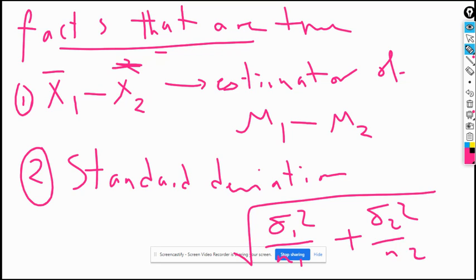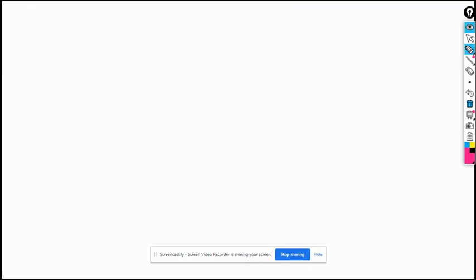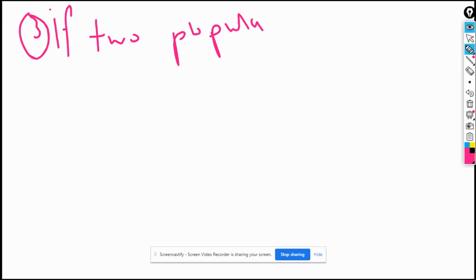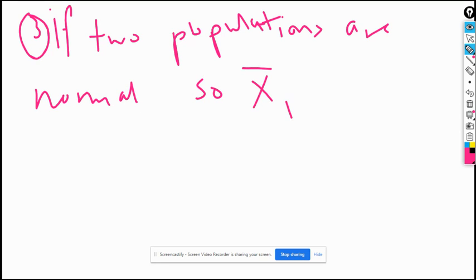I'm going to take the square root. Number three, if the two populations are normal, then the difference between the averages is normal.